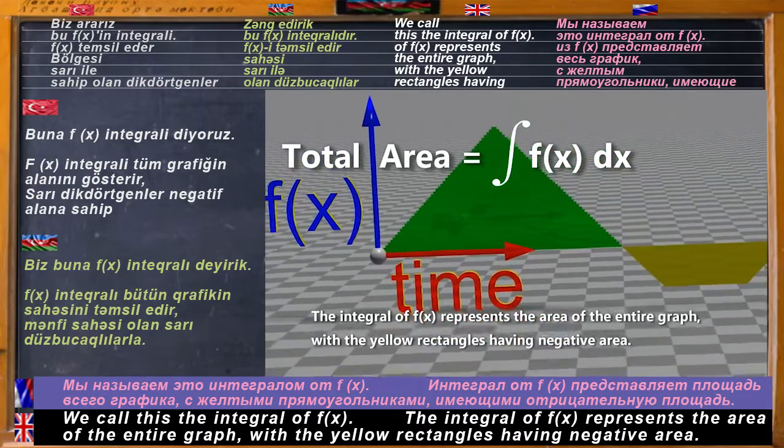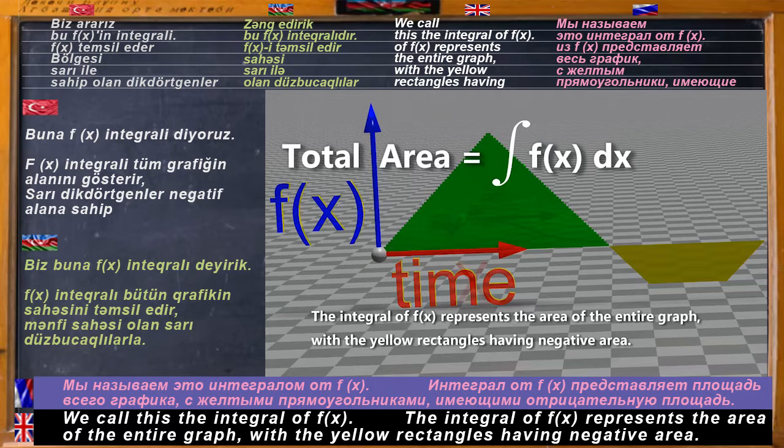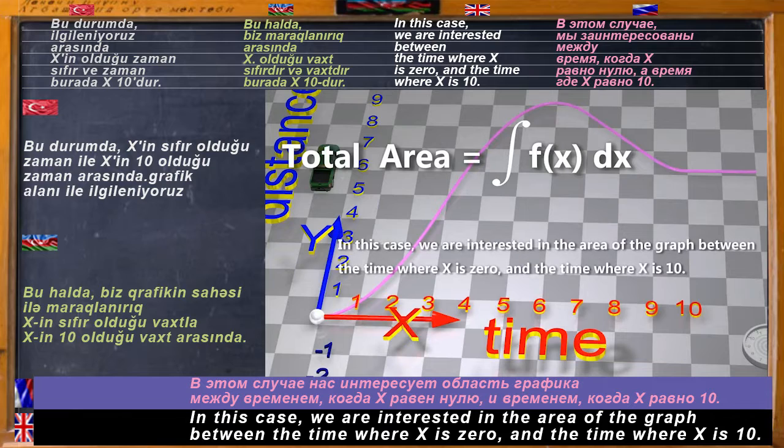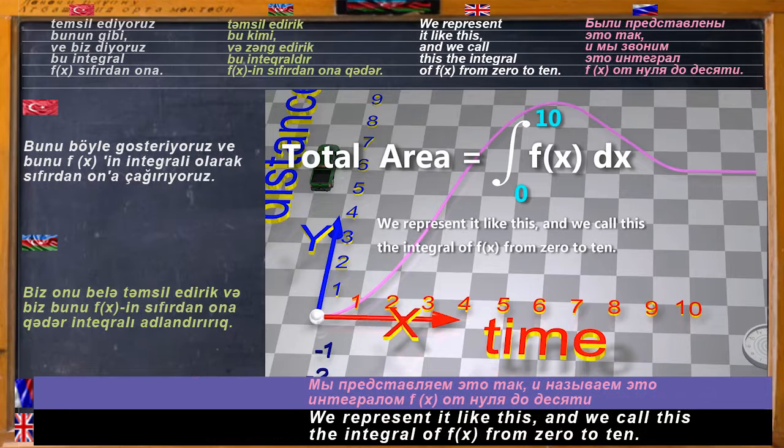The integral of f of x represents the area of the entire graph, with the yellow rectangles having negative area. In this case, we are interested in the area of the graph between the time where x is 0 and the time where x is 10. We represent it like this, and we call this the integral of f of x from 0 to 10.